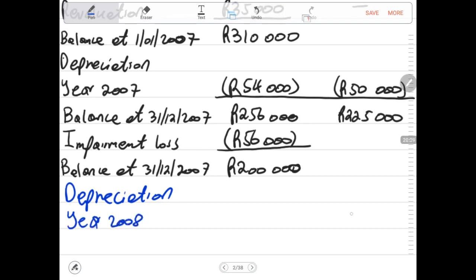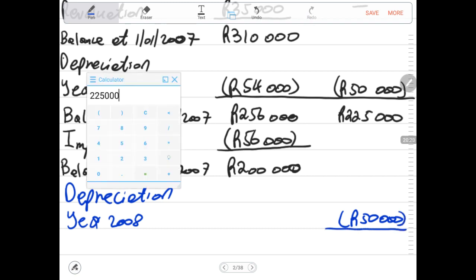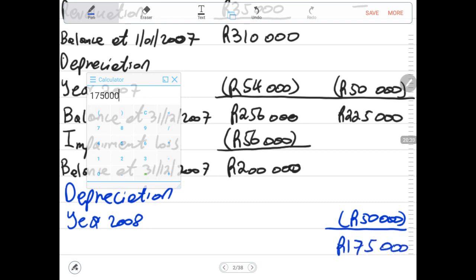Then remember, history does not change. It remains history. So depreciation under history remains 50,000. Therefore the carrying amount under the history column will be 175,000. And you see that I am first recording that one because there is a limit.